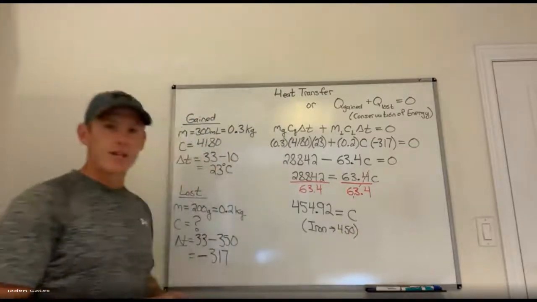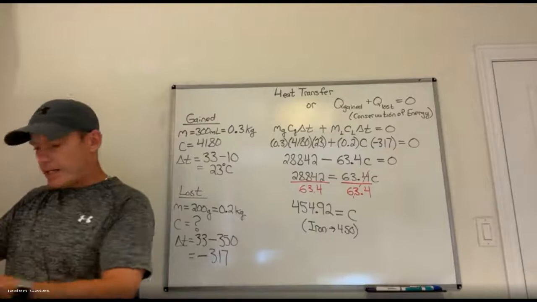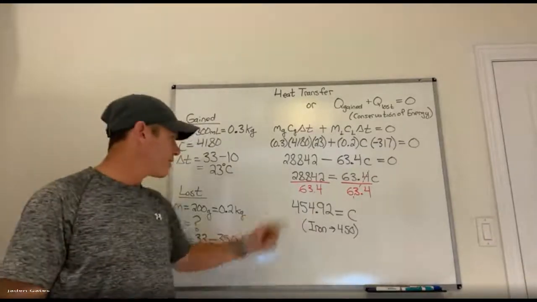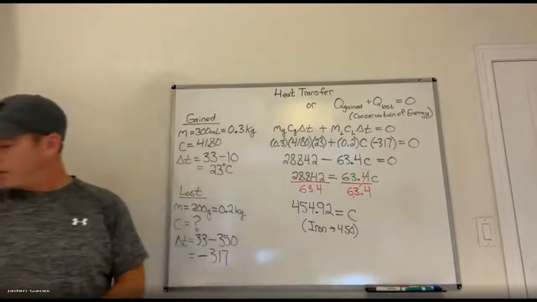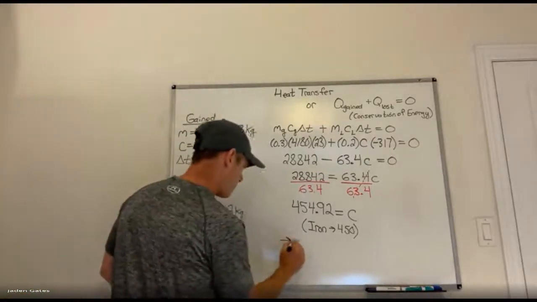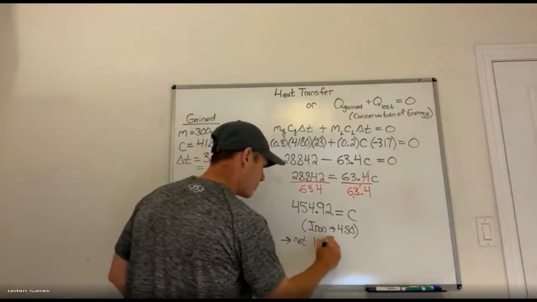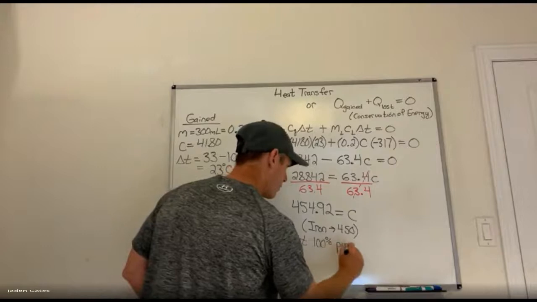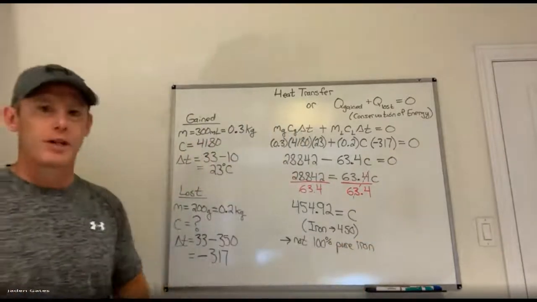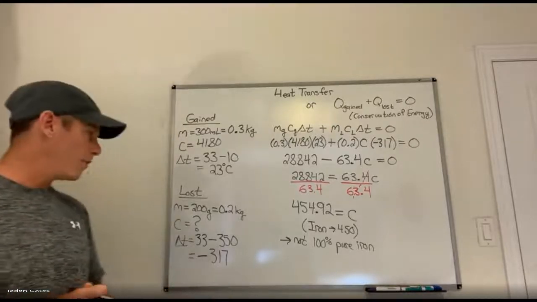And now the second, or the C part to the question is, why isn't the heat capacity exact? Because iron is 450, this is 454.92. A couple of things. It's maybe not 100% pure iron, which definitely happens often in nature, is that it might be very close to pure, but it's not quite pure.